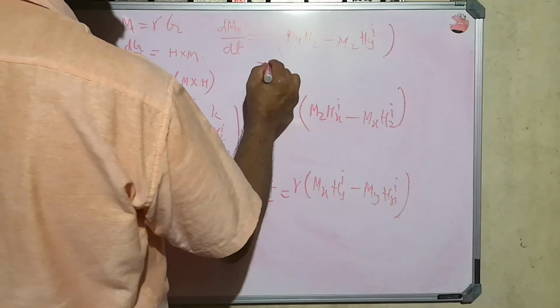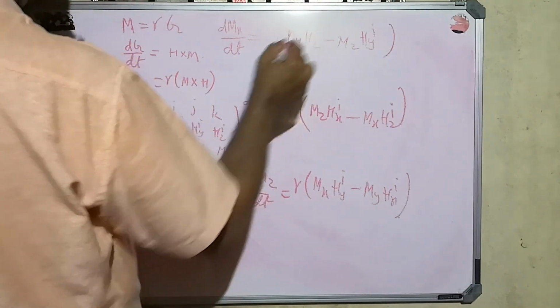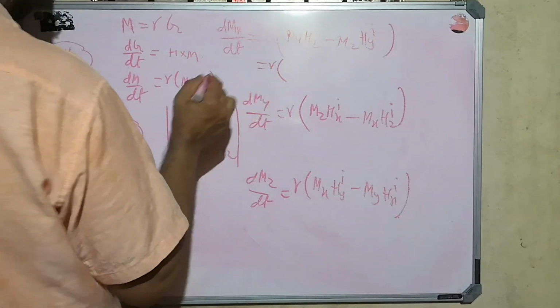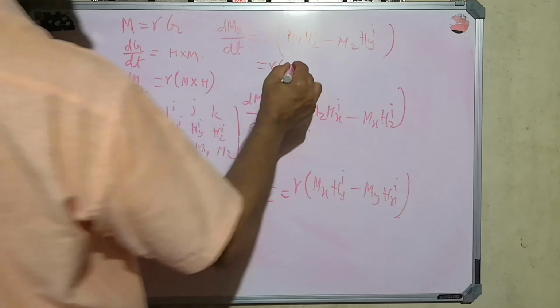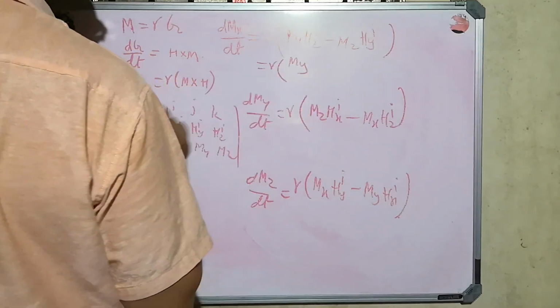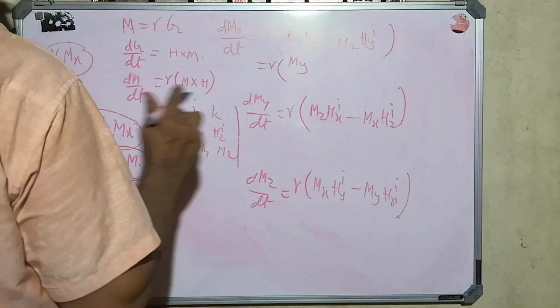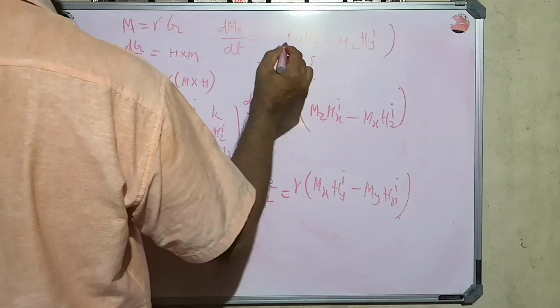Then you can substitute the value for hzi. Here, when you are writing this, my into hz.